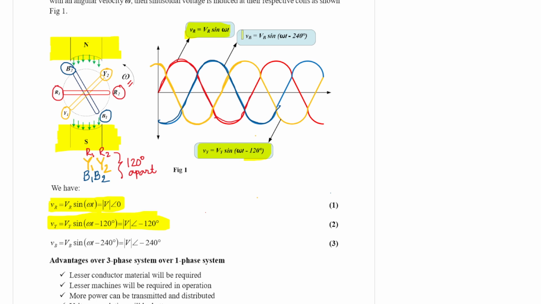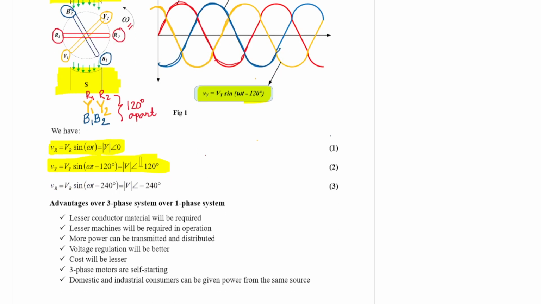And lastly, the third phase, the B phase, is 240 degree lagging. RYB normally stands for red, yellow, blue. So VB is 240 degree lagging the reference voltage, that is the R phase voltage.